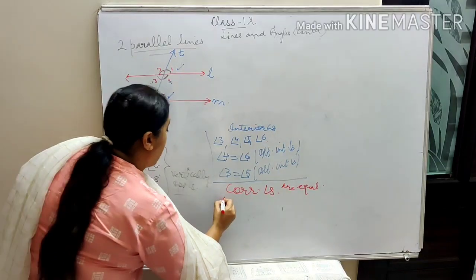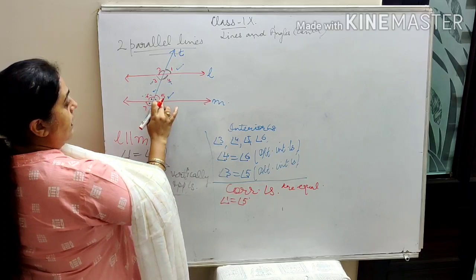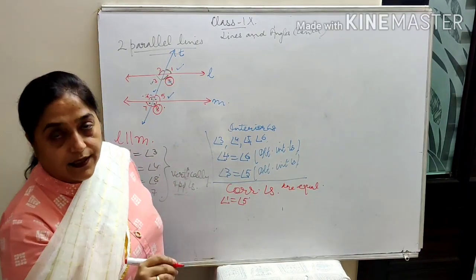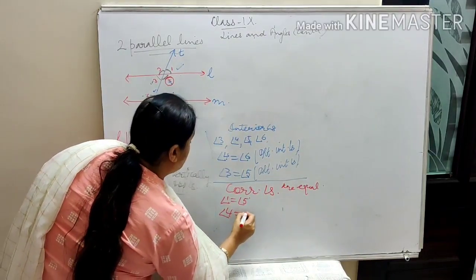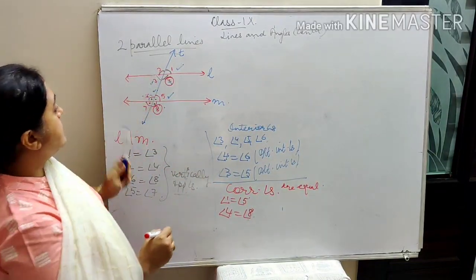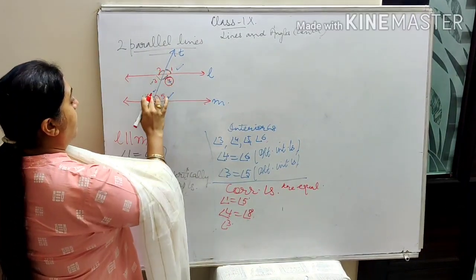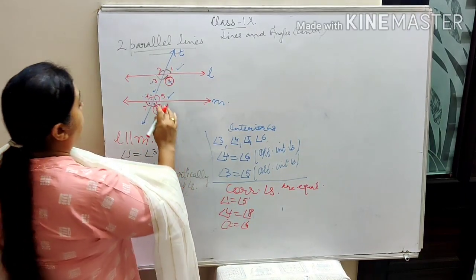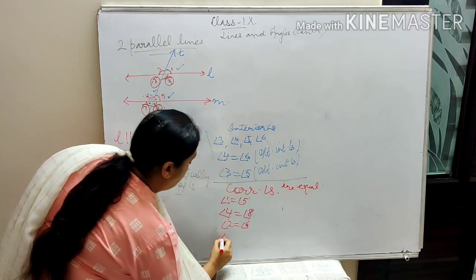So that means angle 1 is equal to 5. और अगर मैं बात करूं 4 और 8 की, 8 is in the exterior, 4 is in the interior. So I will write angle 4 is equal to angle 8, right? On the similar lines, I can speak of angle 2 equal to angle 6. Similarly, I can say angle 3 equal to angle 7.